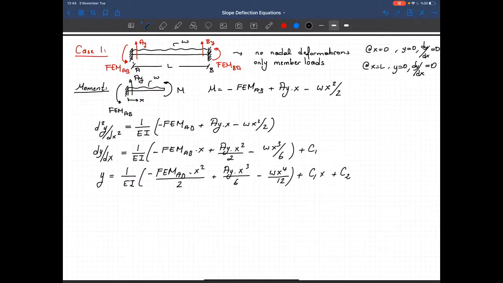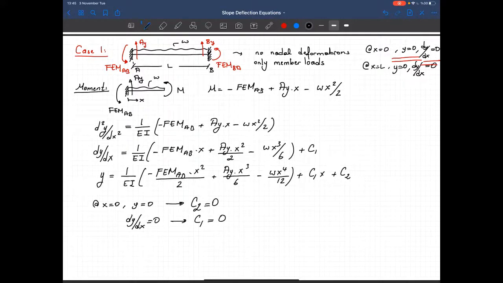Okay, so we have these boundary conditions, so let's use them. At X is equal to 0, y is equal to 0, this tells me that c2 is equal to 0, and again at the same location rotation is 0, this tells me that c1 is equal to 0.